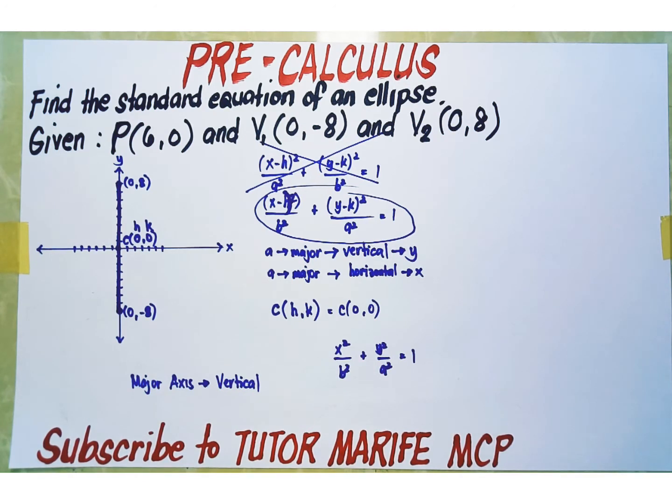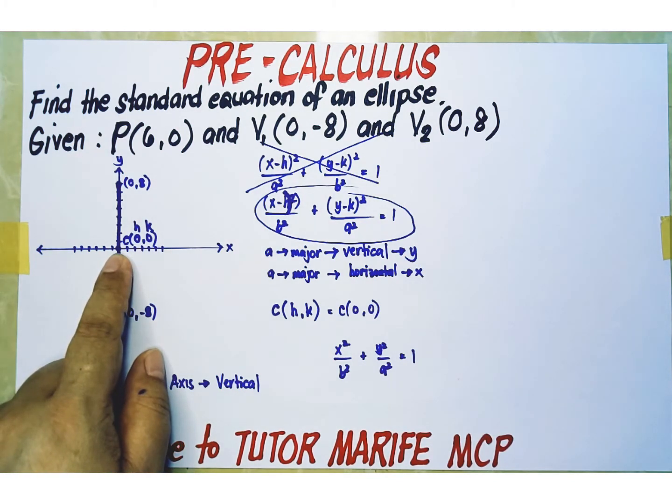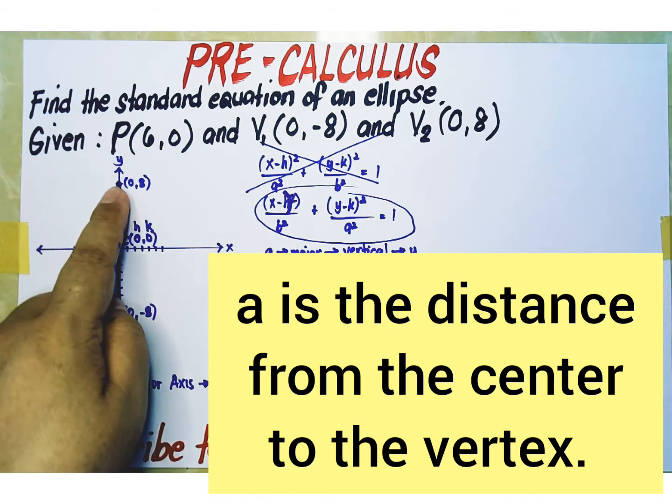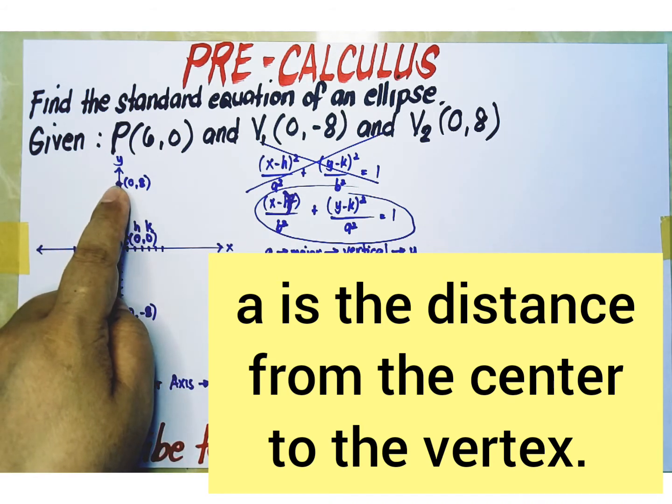Next, we need to know the value of a and the value of b. Remember that a is associated with the major axis. a is the distance between the center of the ellipse and the vertex of the major axis.